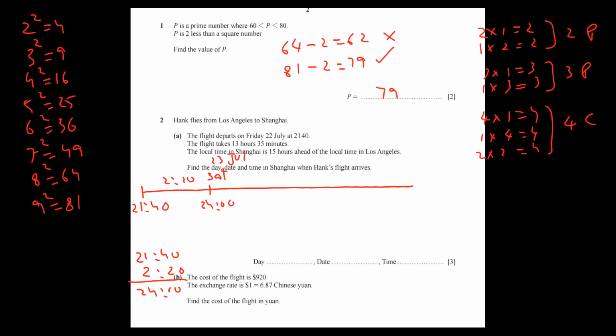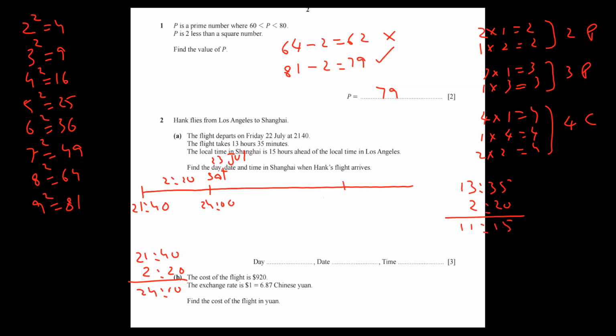Now, the time of flight is 13 hours 35 minutes. 2 hours 20 minutes are covered here. If from 13 hours 35 minutes we subtract this much time, it gives us 11 hours and 15 minutes.